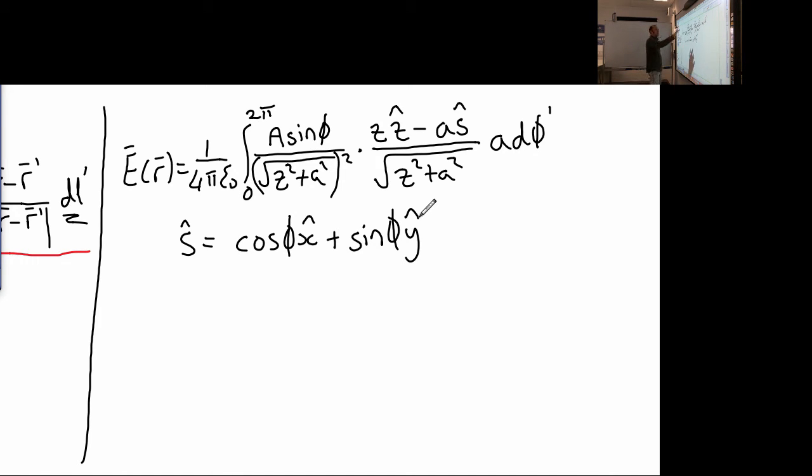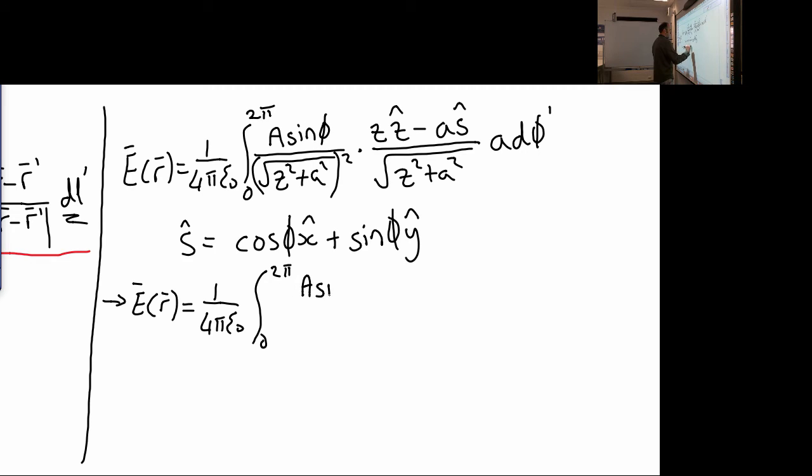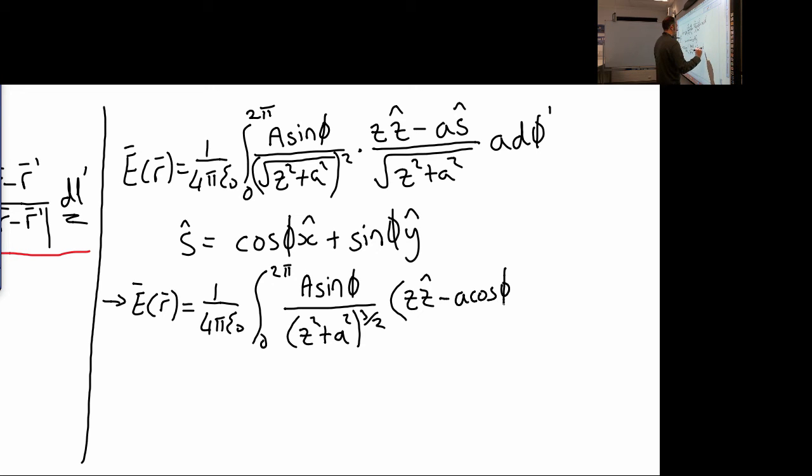Now we stick this back into our equation instead of the s hat, and therefore what we will have is our electric field, the integral between 0 and 2 pi of A sine phi over z squared plus a squared to the power of 3 over 2, times z hat minus a cos phi x hat minus a sine phi y hat, times a d phi prime.